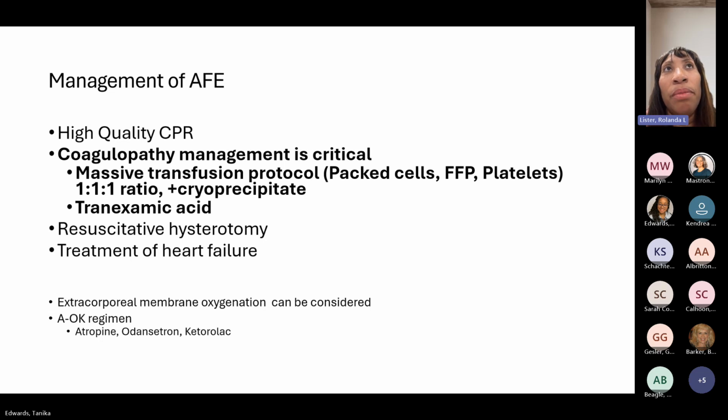Amniotic fluid embolism used to be almost universally fatal, but with more prompt recognition and early resuscitation, we have been able to improve the outcome for those who have survived it.